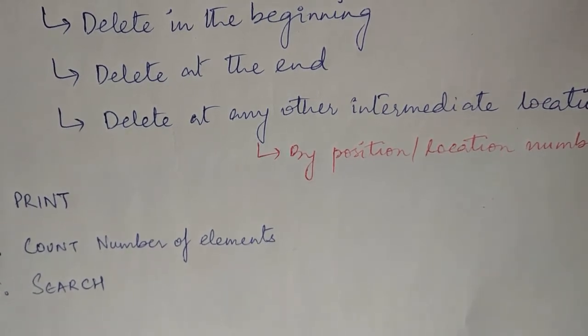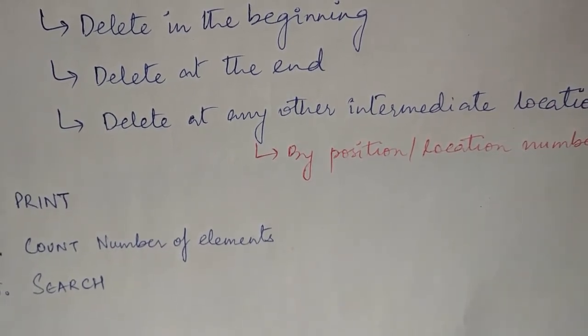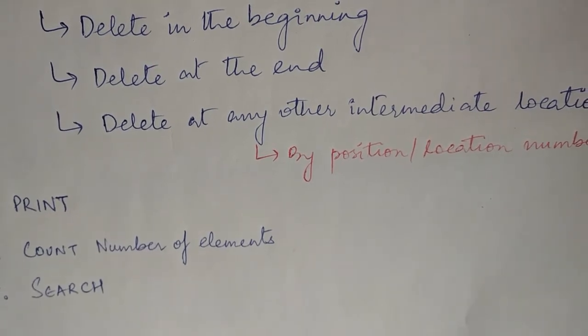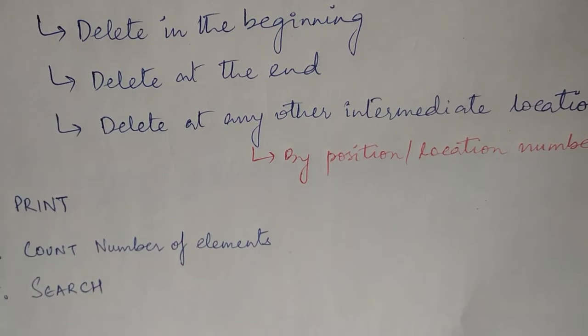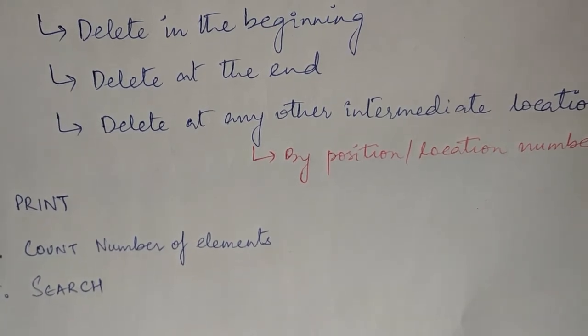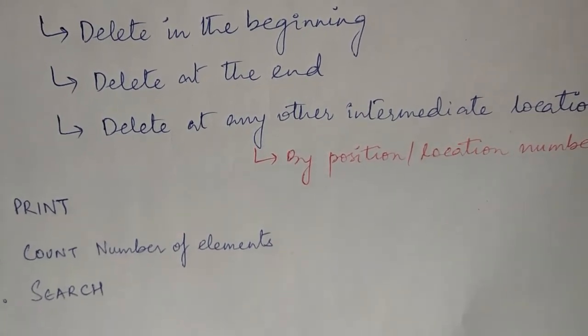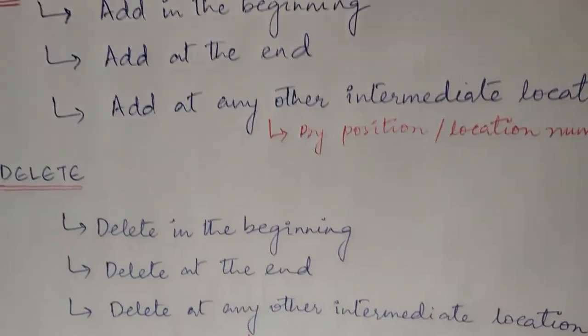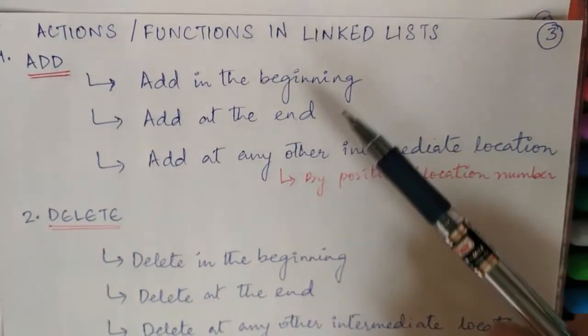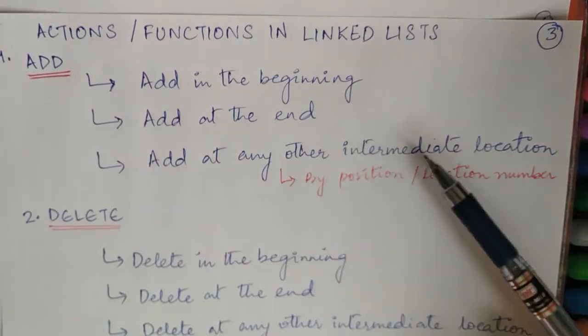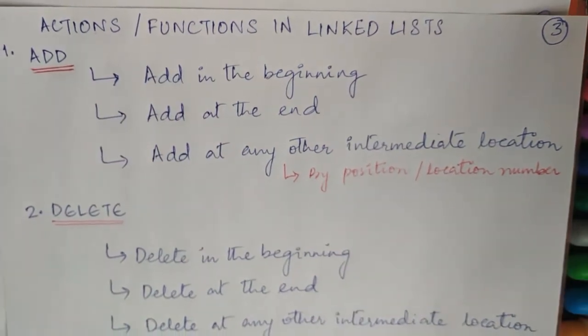When you are creating a linked list, you'll be adding elements, you'll be deleting elements. You might want to print to see what is there. You might want to count to see the size of the linked list, and you might want to search. So first we'll do additions and deletions in the beginning and the end for now, and then we'll see how we do the intermediate locations.